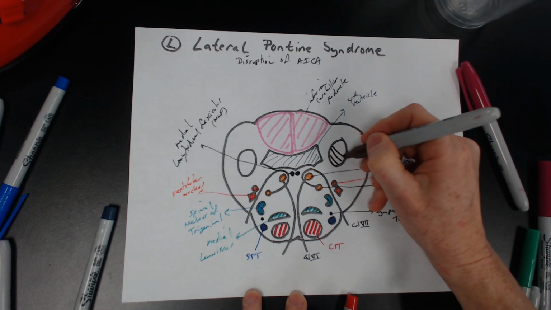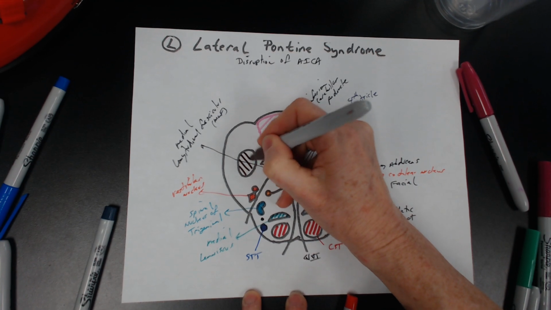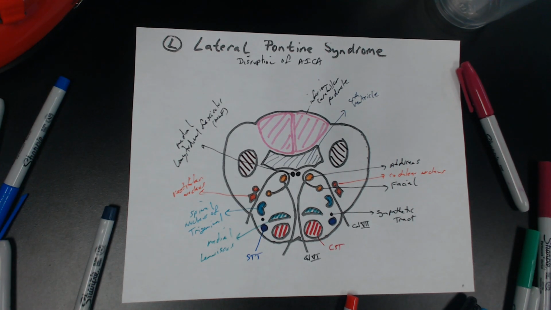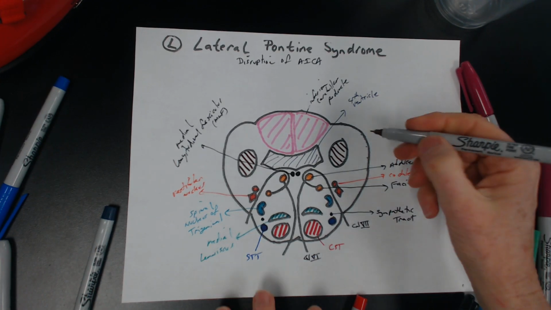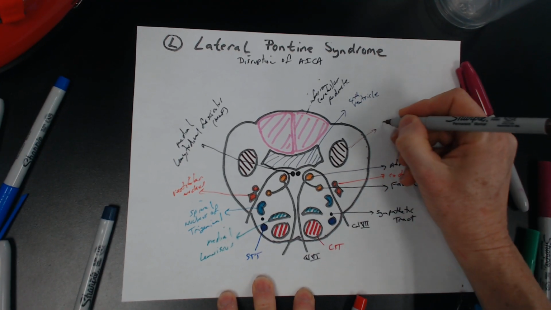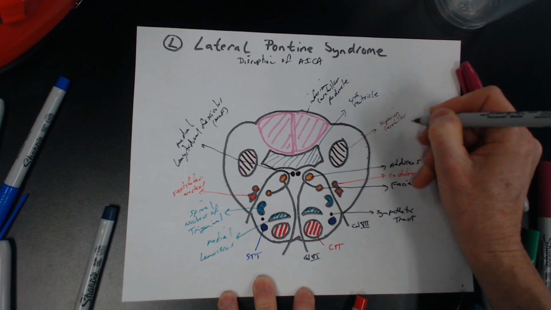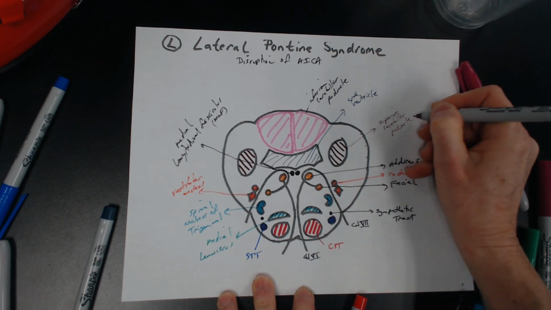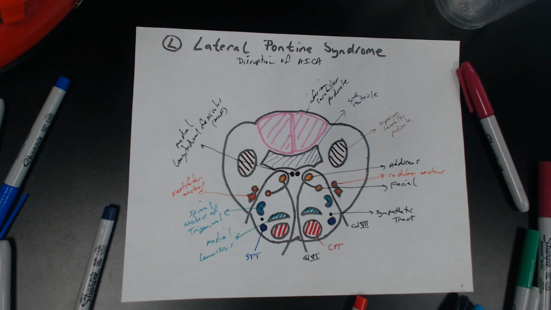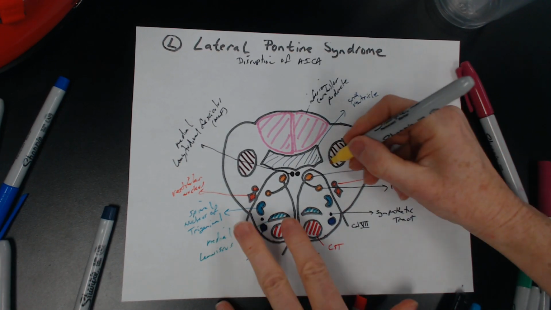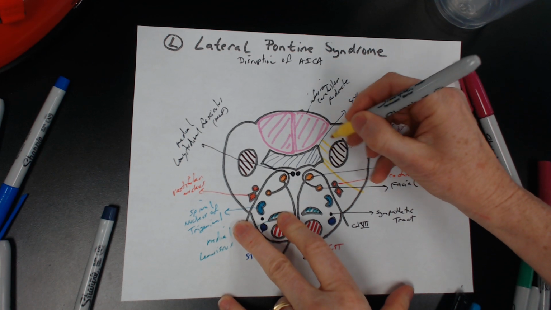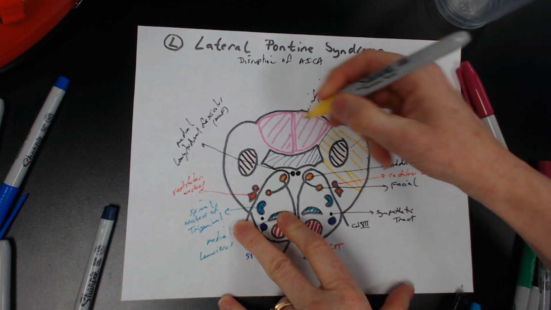Over here we also have the main peduncle used by the cerebellum to project efferent information out of the cerebellum, and that's going to be your superior cerebellar peduncle. And finally, this large area here, that's your middle cerebellar peduncle.